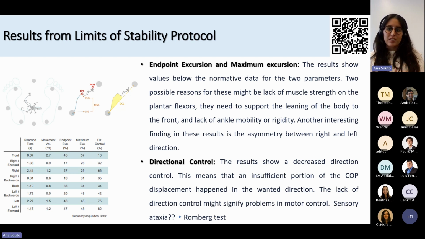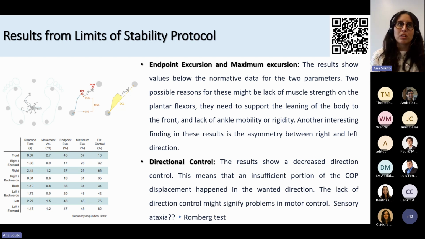A lot of possible causes for this. So in general, from a clinical perspective, what we know is that individuals with higher, larger limits of stability can perform more complex activities and tasks without support, and are more capable of tolerating environmental challenge.